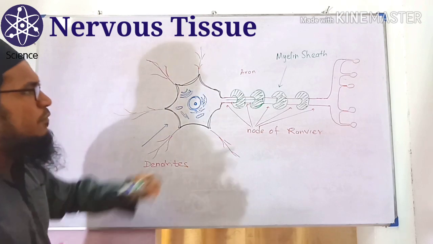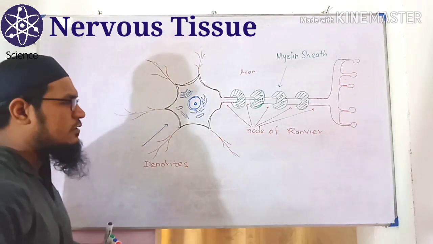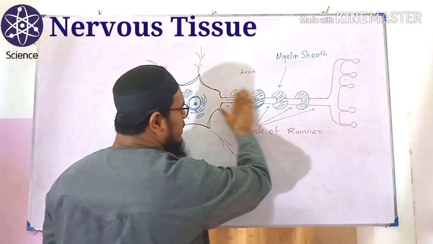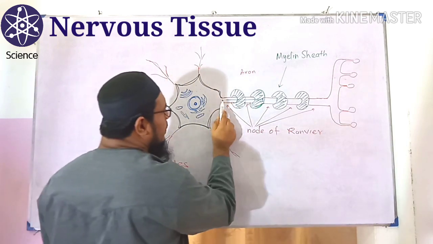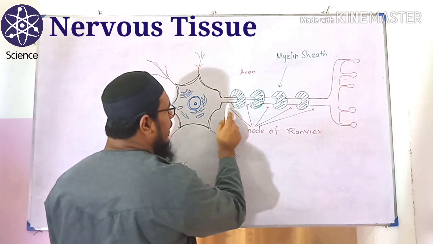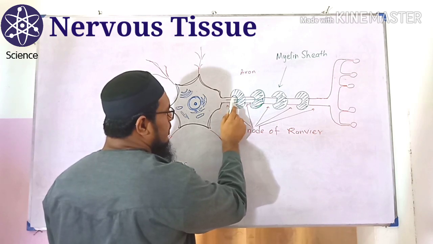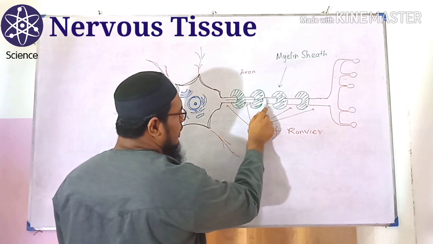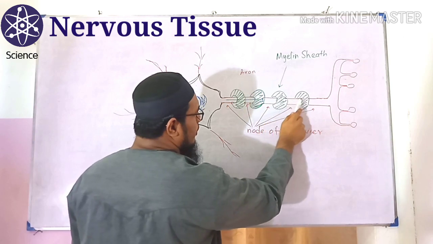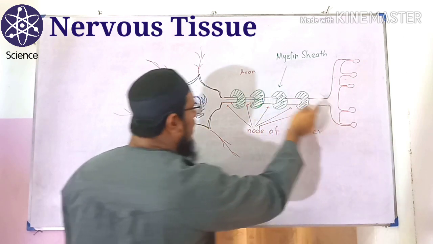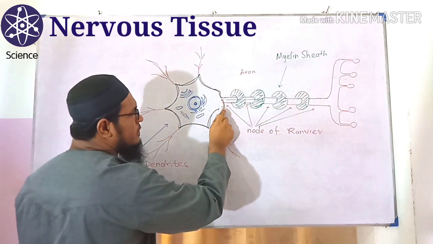So due to this setup, due to this myelination, what happens? Before the myelination, just imagine no myelination, what happens? Impulses travel straight along the axon. It travels like this. But after myelination, what happens?